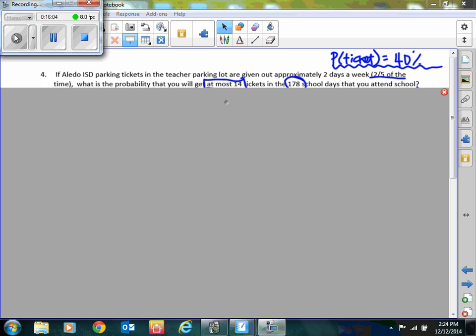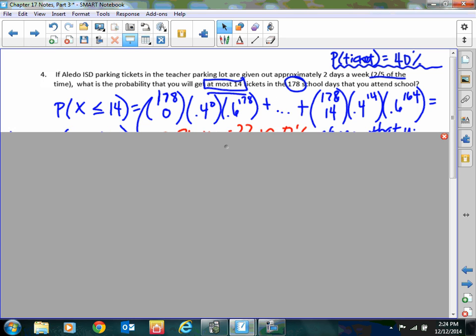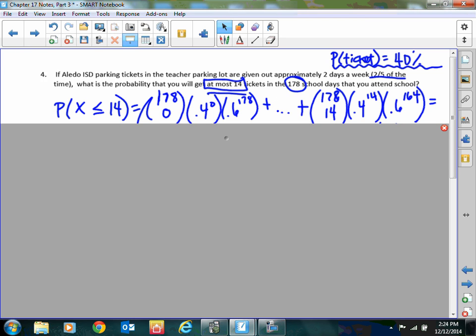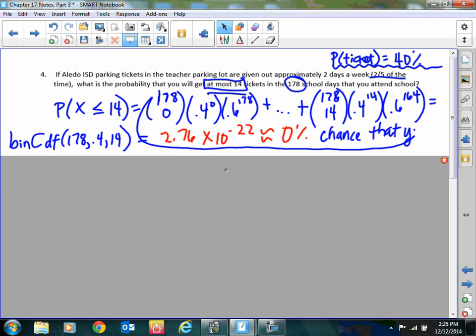Okay, here's your work you show. It is less than or equal to 14, so it's 178 choose 0, 0.4 to the 0, plus ... 178 choose 14, 0.4 to the 14. Okay, so that's the sequence that you show. The way you put it in your calculator, which you do not have to show me, is you do not have to write out the calculator speak on the free response or on the test or anything.